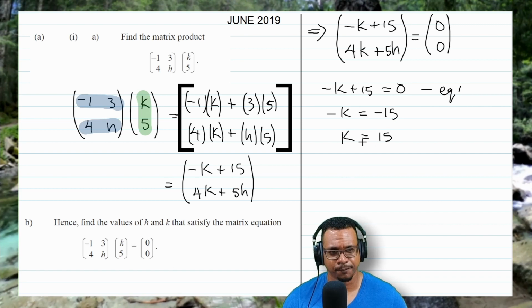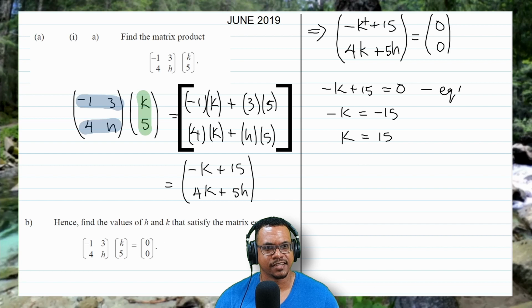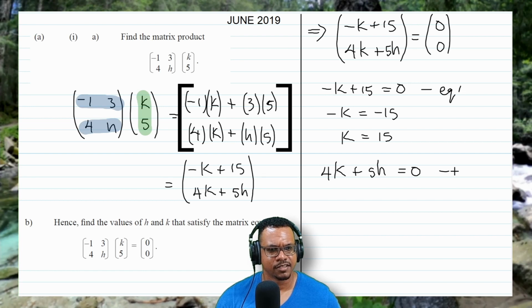So we have our answer for k. That is what negative k plus 15 equal to 0 implies here. And the same thing here: 4 times k plus 5 times h is equal to 0. That is equation 2, and we found that k is equal to 15. So that's 4 times 15, plus 5 times h is equal to 0. 4 times 15 is 60, plus 5h is equal to 0.